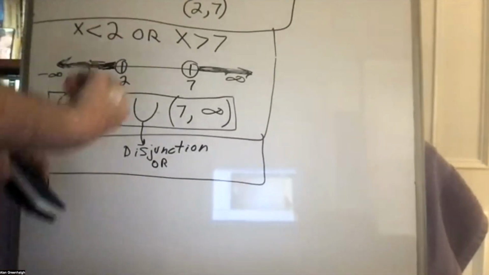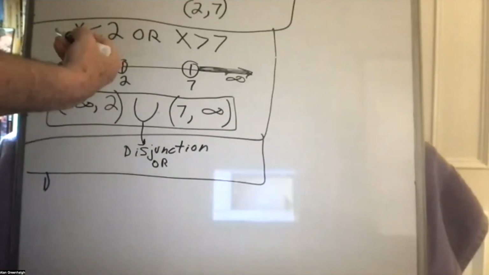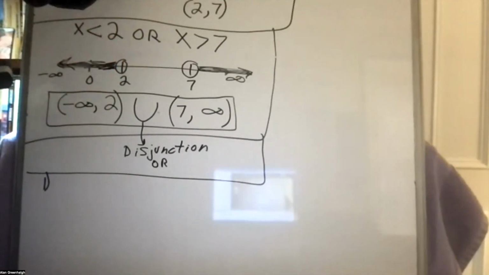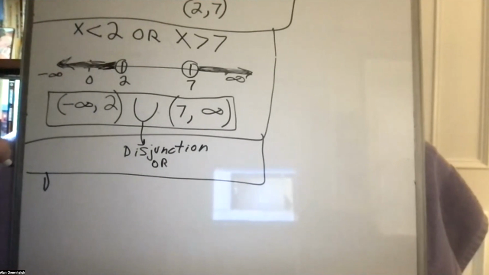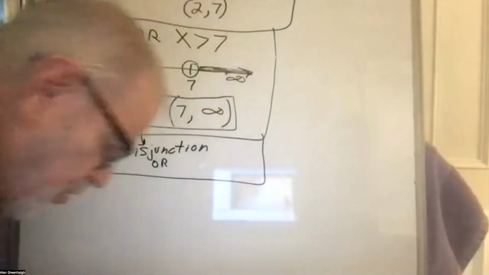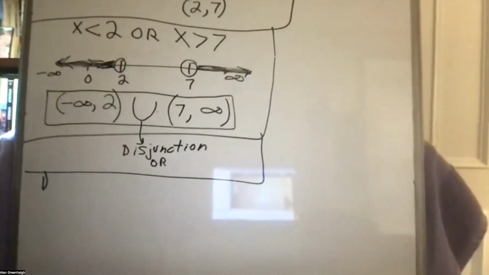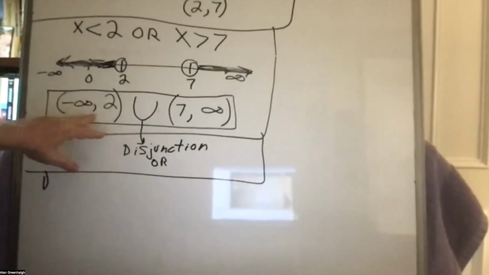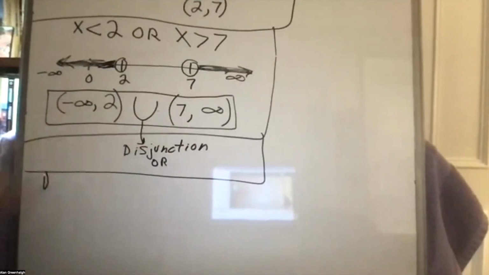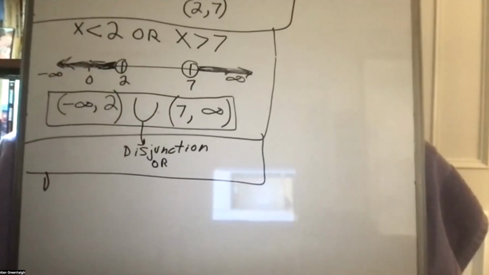I don't see it that often. That's conjunction. This is disjunction. That's more of a term used in a different concept known as logic, and we just don't get into that much, but this will come into play a lot, so that's why we use it. Okay, here's a problem.